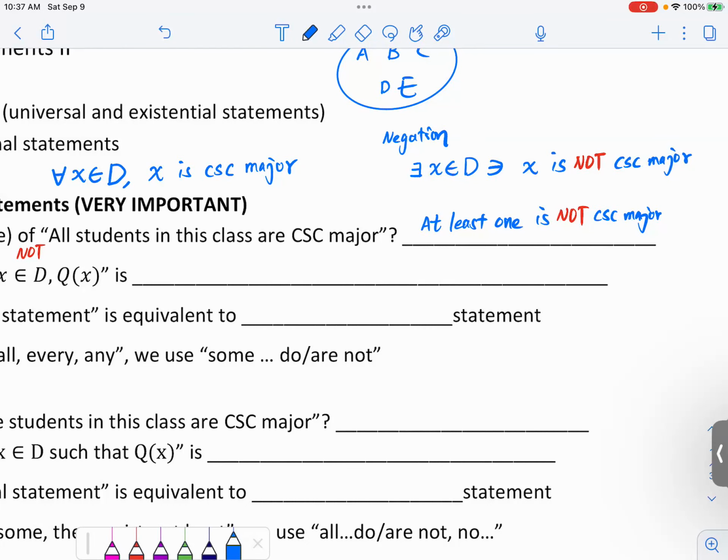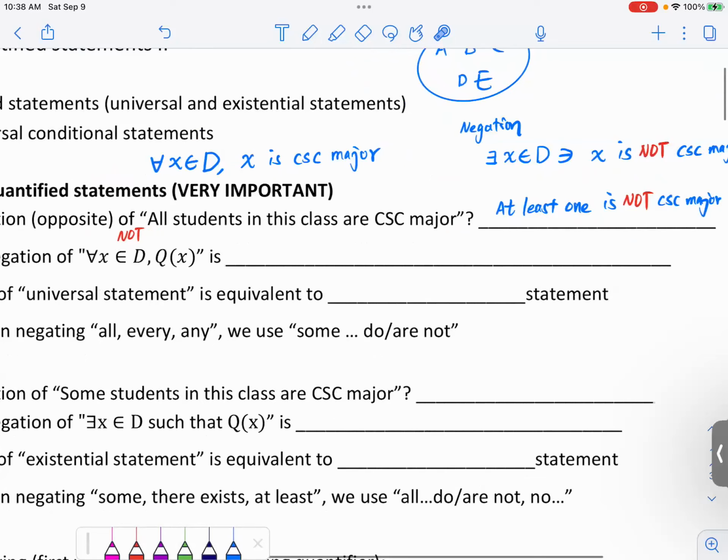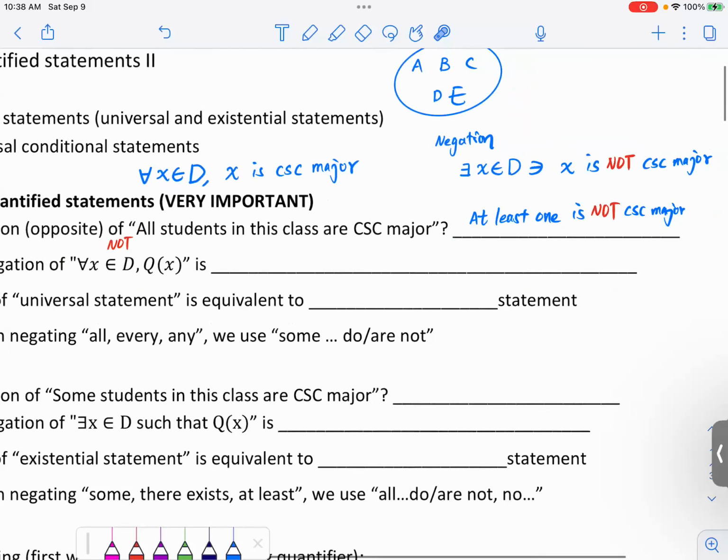Okay, so now we can formalize this result. How do we negate this universal statement? It becomes an existential statement, and the predicate should be negated.